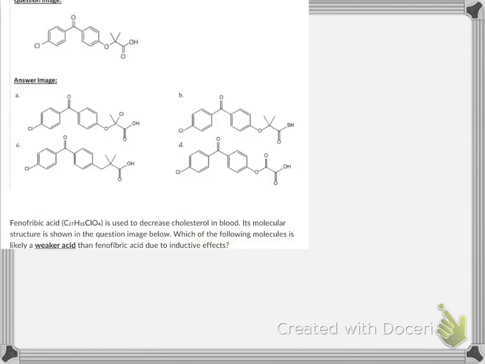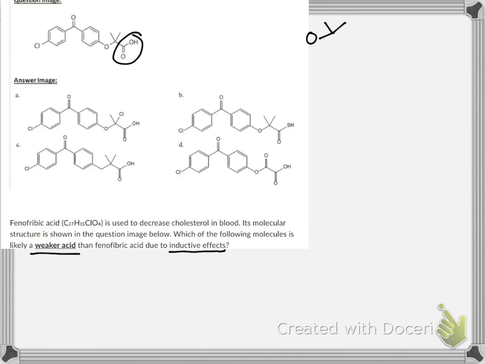Okay, so this is a question in which we're shown an acid. We know it's an acid because we're shown a carboxylic group. And we're told to pick one of these four compounds below which would be weaker due to inductive effects.